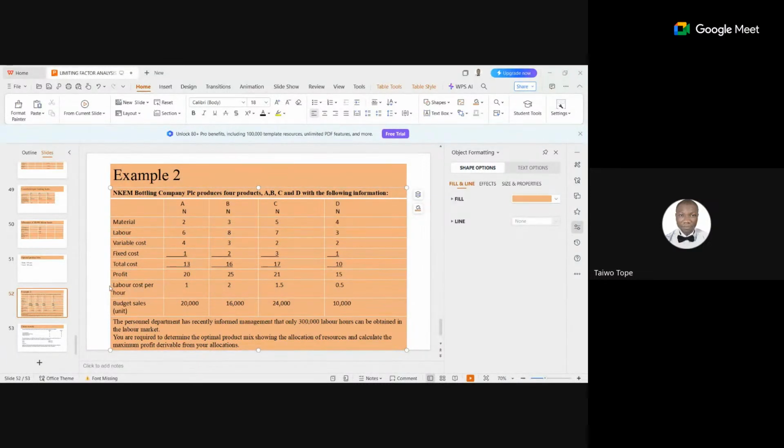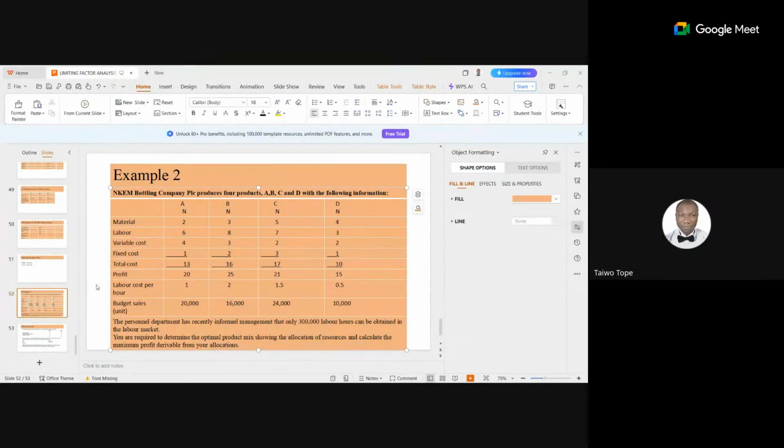Now, I've not given you the number of hours for each product. The number of hours required to produce product A, is it given? Yes, look at the question very well. The response is no.